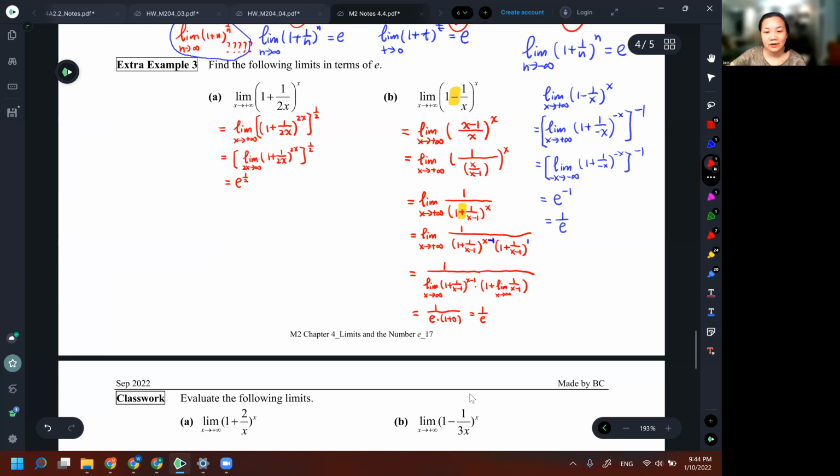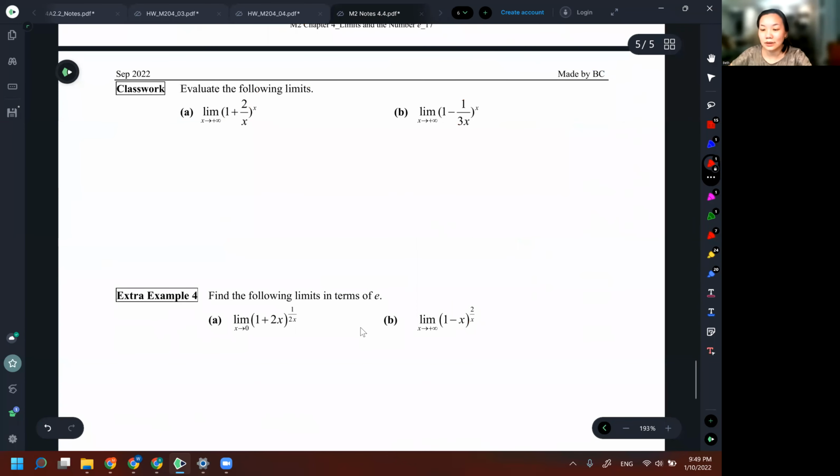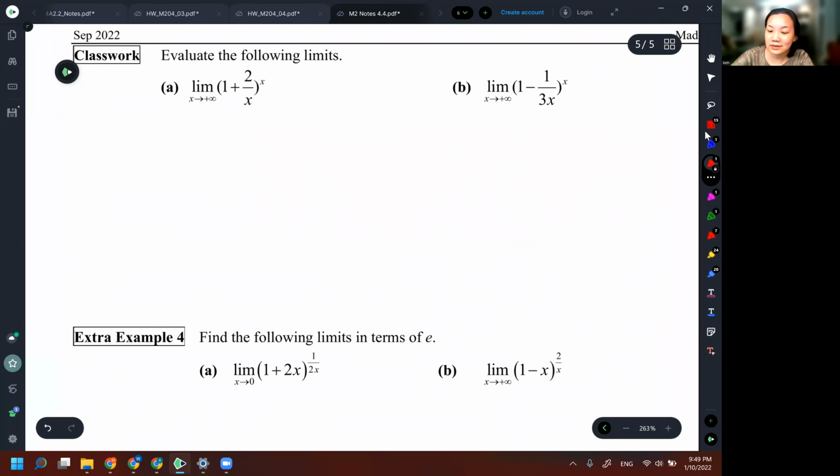Okay. Now, girls, this one I think it's harder, so I will teach again using the classwork. This limit looks like a variation of the limit e, but it's not exactly the same. So what you do is you change it little by little.